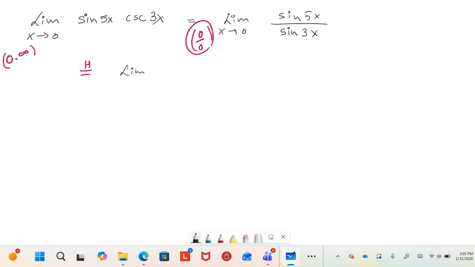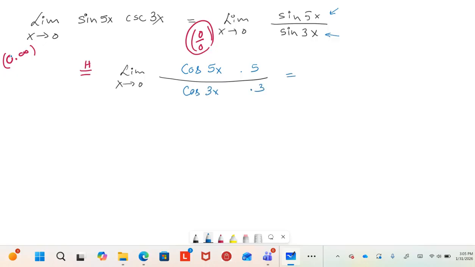So limit x approaching 0. L'Hopital's rule says differentiate the numerator. So that would be cosine 5x times 5. And differentiate the denominator. That will be cosine 3x times 3.